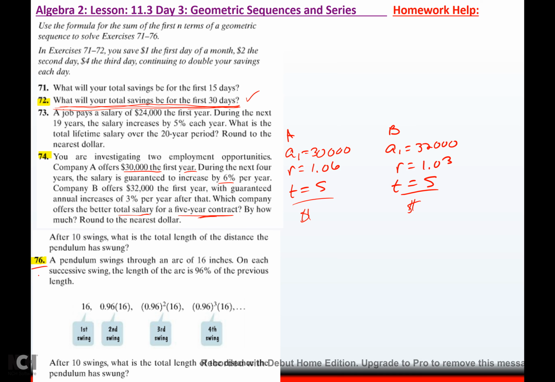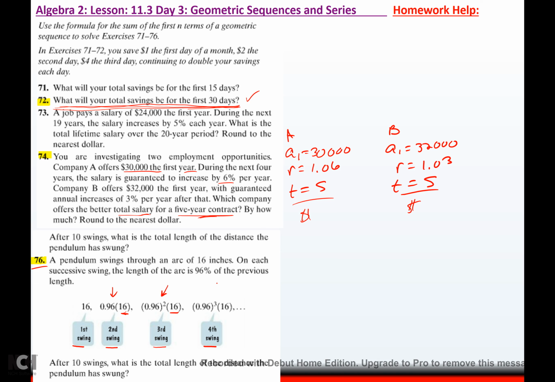So 76, it says a pendulum swings through an arc of 16 inches. On each successive swing, the length of the arc is 96% of the previous length. So your first swing, your second swing is 0.96 of 16, right? Your third swing is going to be 2 copies of the common ratio times the initial term.